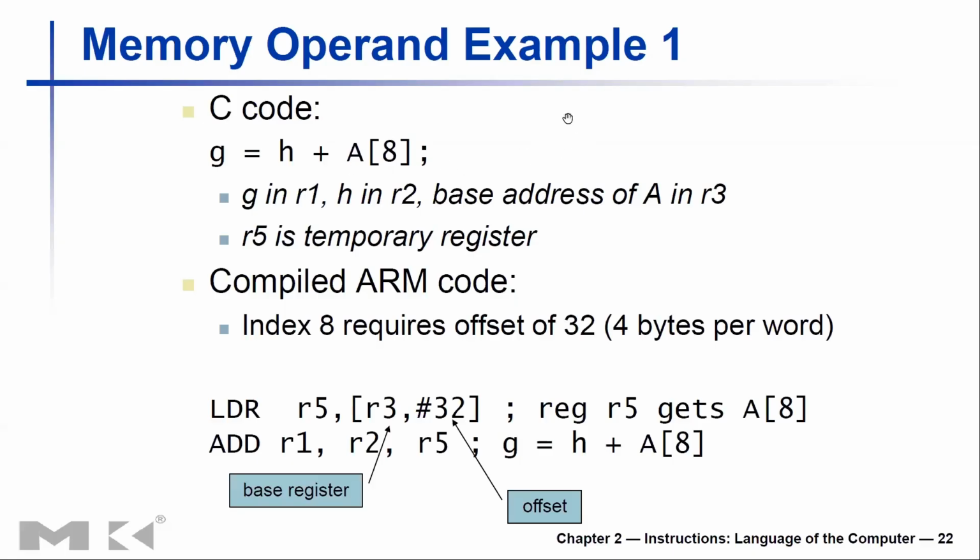We are assuming that g is in R1, that is, the result is to be stored in R1, h is in R2, a normal register, and the base address of A is in R3.